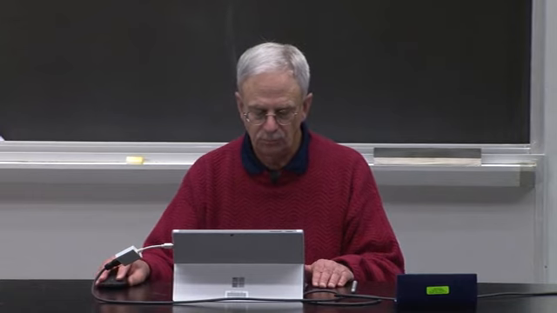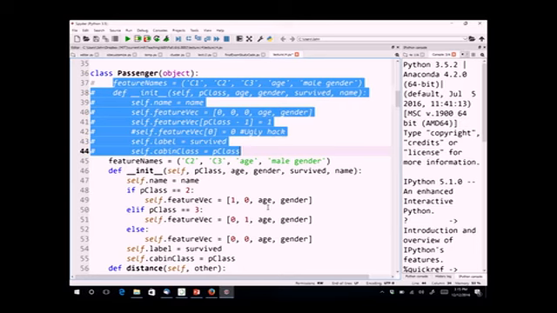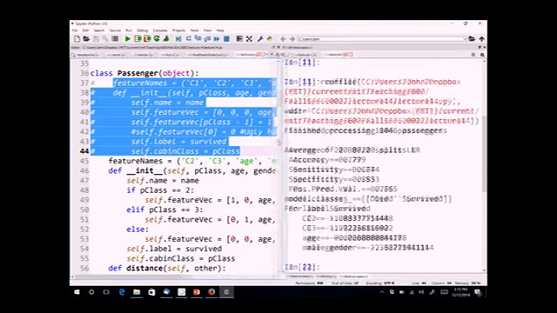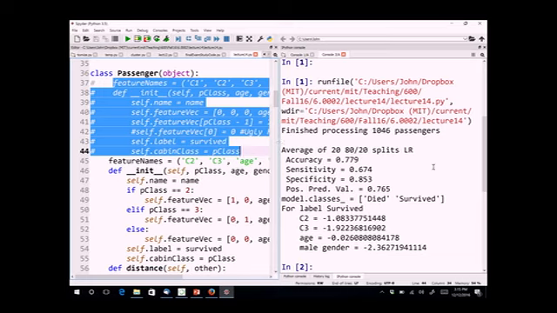OK, let's go run that code and see what happens. Well, if you remember, we see that our accuracy has not really declined much, pretty much the same results we got before, but our weights are really quite different. Now suddenly C2 and C3 have large negative weights.